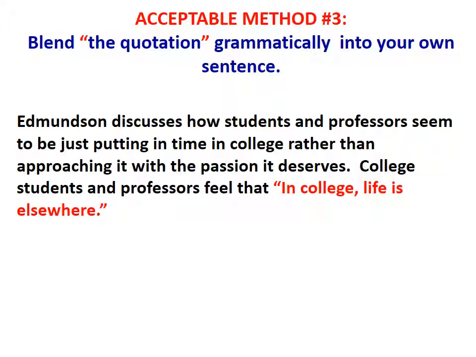Another way to include quotations is to blend the quotation grammatically into your own sentence. Oftentimes students will do this when they're using just a part of the quotation. And we see an example of this here. The student here has used the full quote, but you could also use this to use partial quotes and blend them into your sentence.